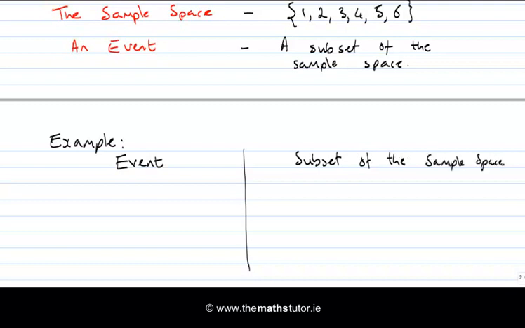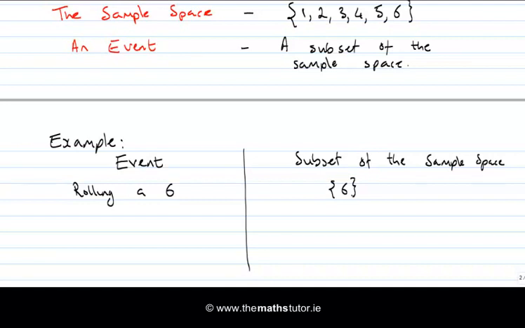What would be a typical event that we might look for when we roll a die? Well, we might have the event of rolling a 6. It's easy to write down the subset of the sample space here: 6, the set with one element consisting of 6. That doesn't seem very exciting.